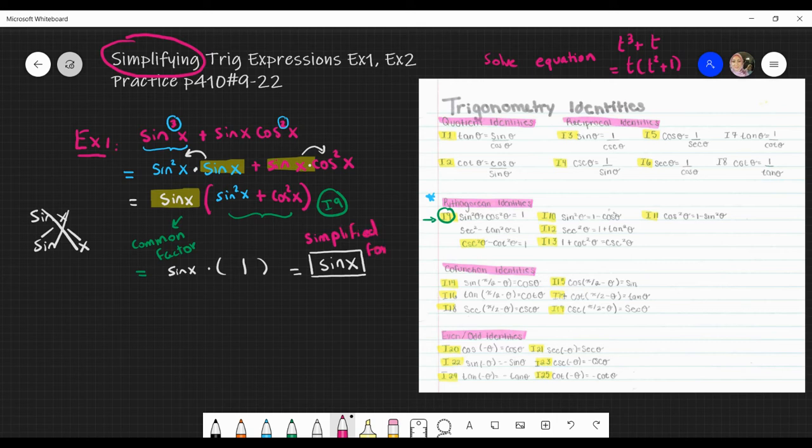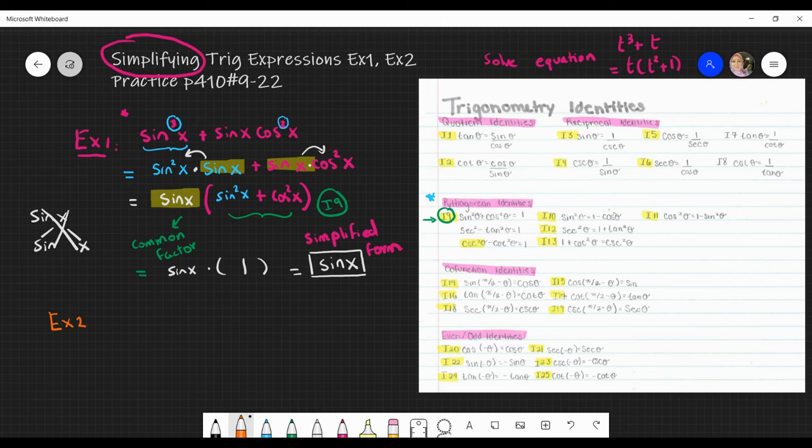So we want all the way from our starting point, which is sine cubed x plus sine x multiplied by cosine squared, to the simplest form, which is sine x. So that was the first example. Let's take a look at the second example.